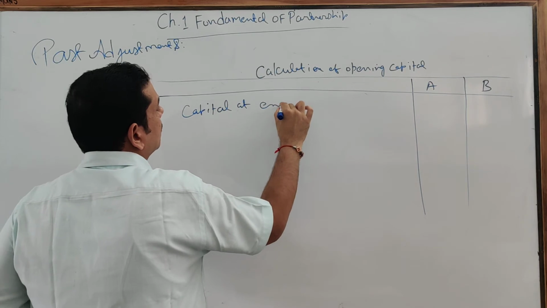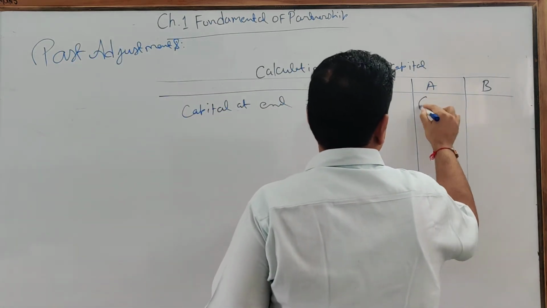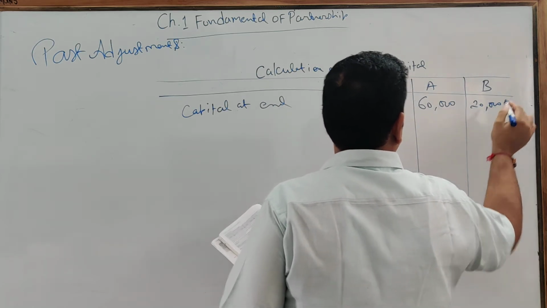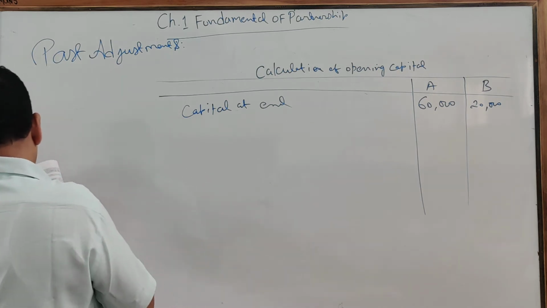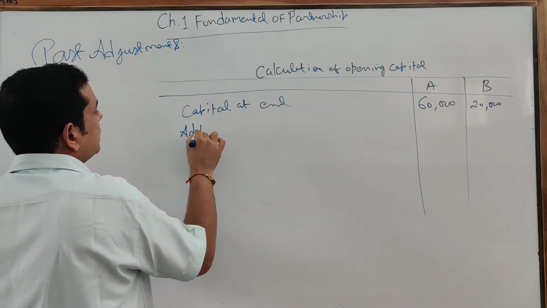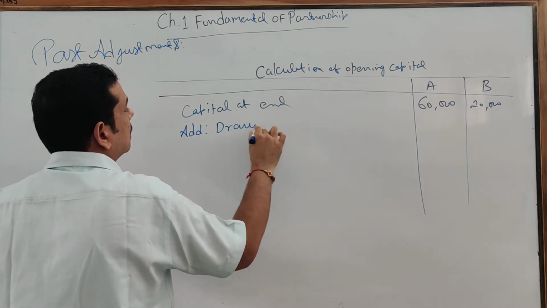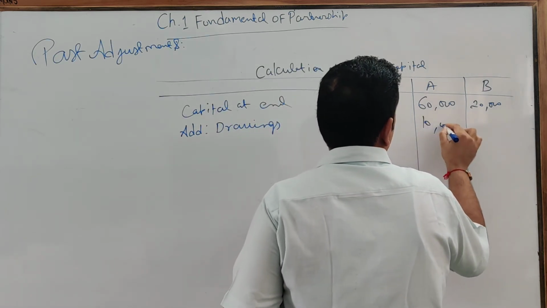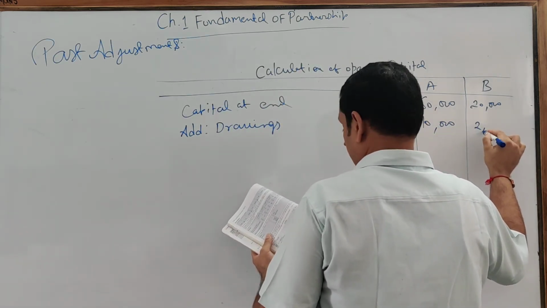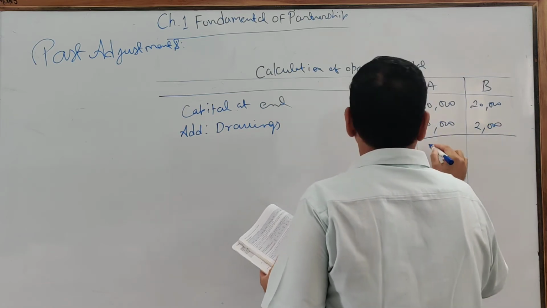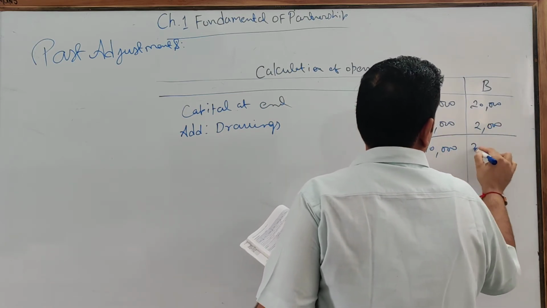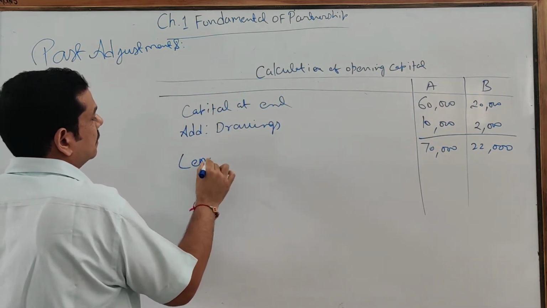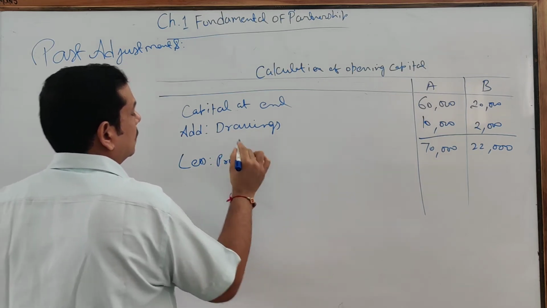Capital at the end: A's capital is 60,000 and B's capital is 20,000. Drawings are given, so first add drawings, that is 10,000 and 2,000, making 70,000 and 22,000. Less profit. What is the profit?